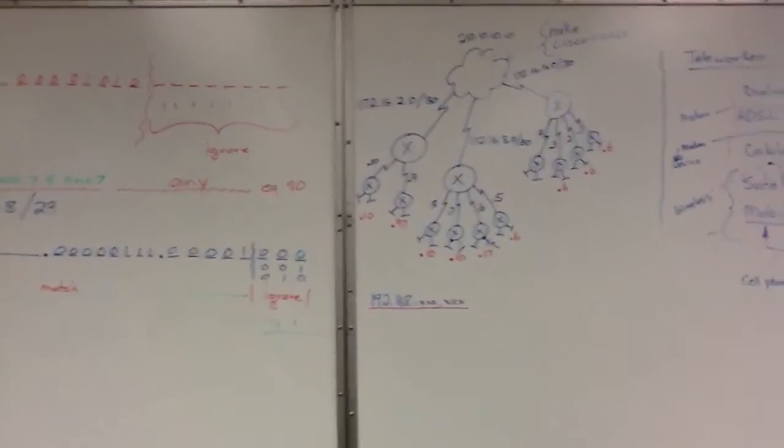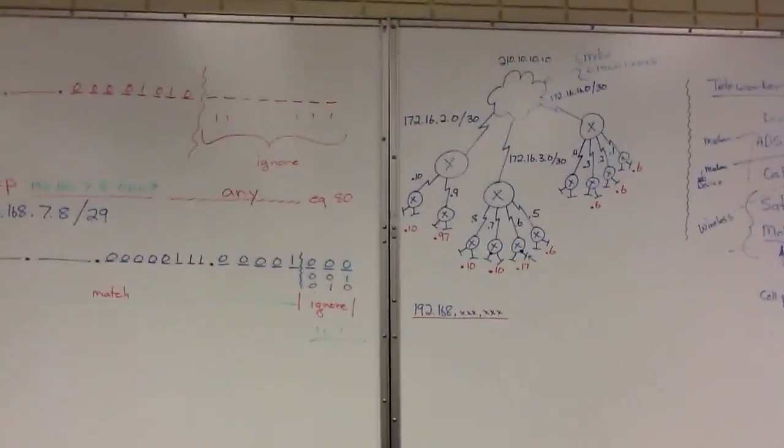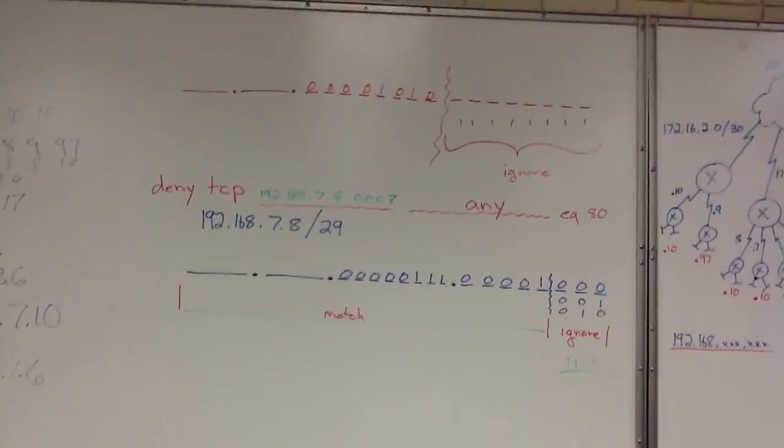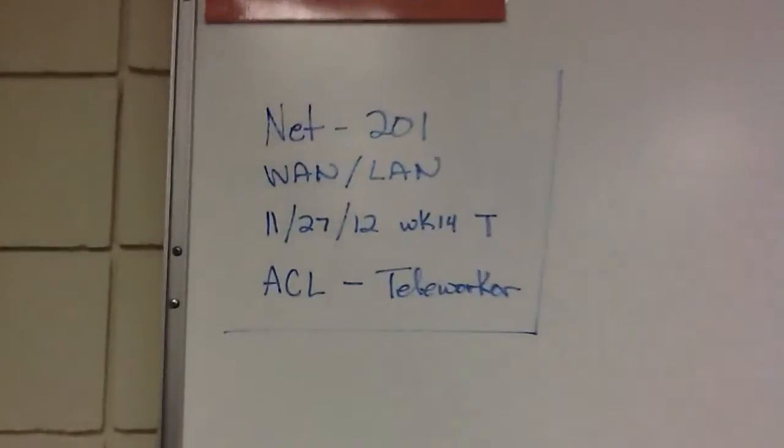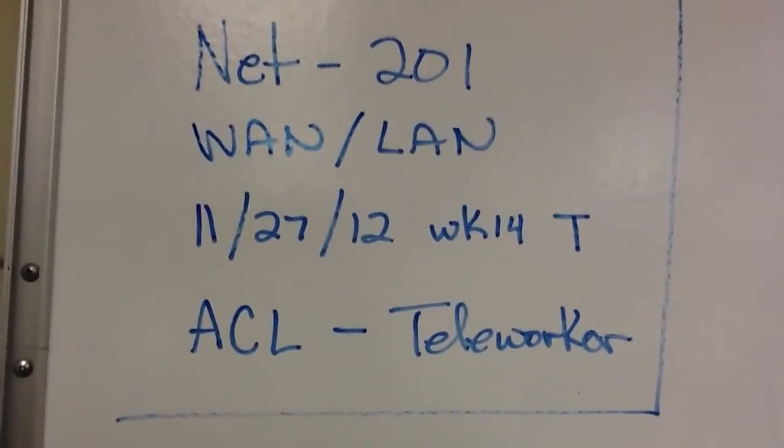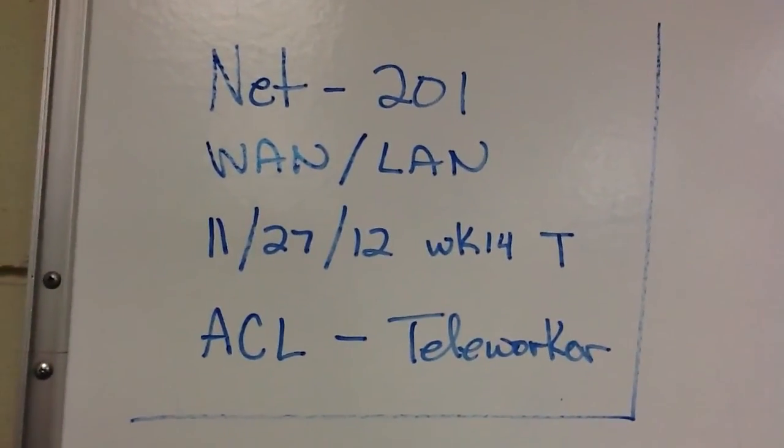We'll continue to use this network and creating access lists. The students can remote into that and practice access lists, and we'll take the assessment on access list at the end of class on Thursday. And that's it.